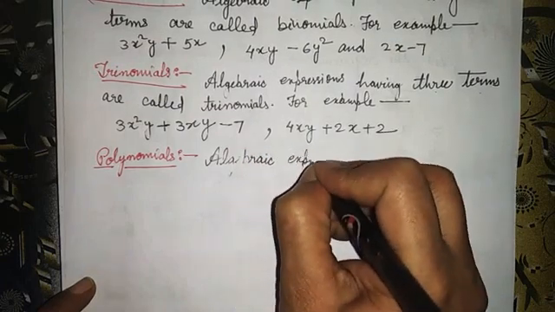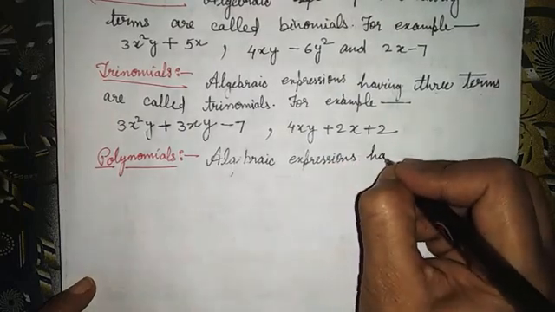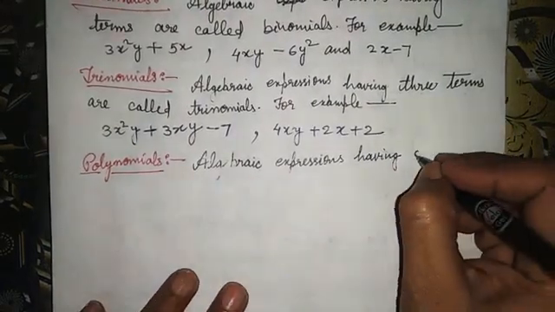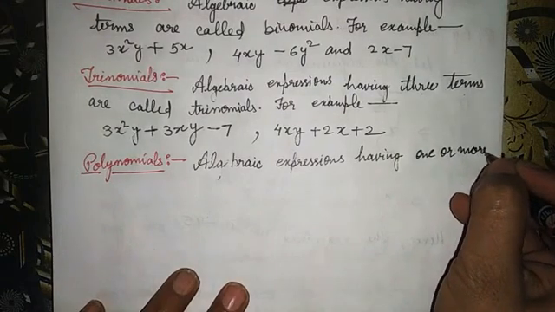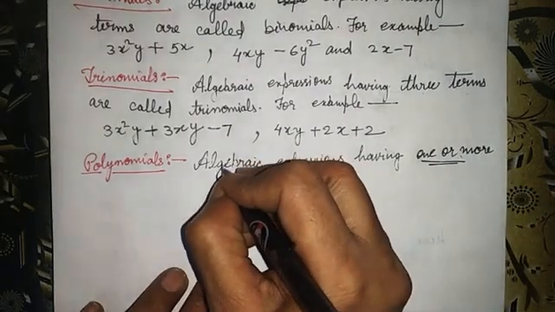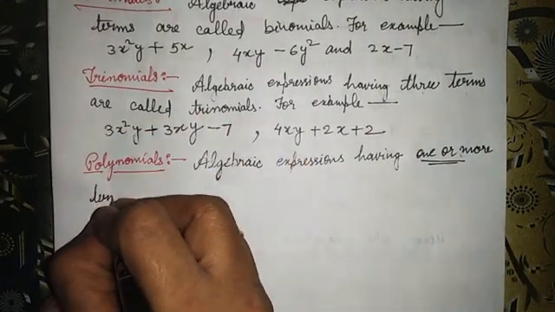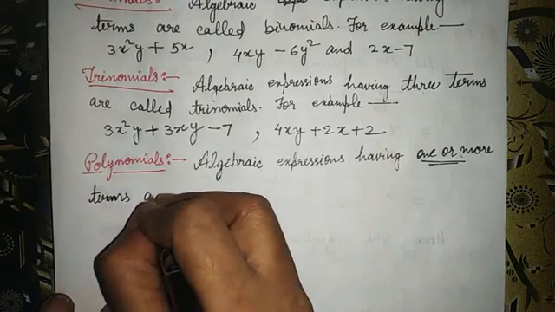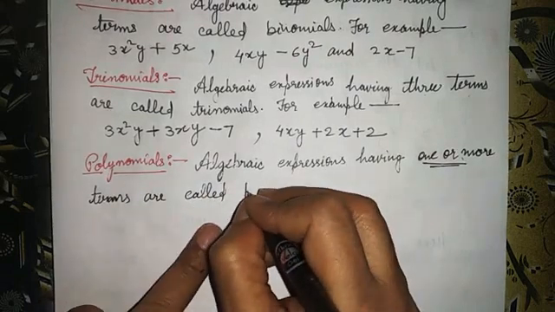Now see very carefully, one or more: algebraic expressions having one or more terms are called polynomials.